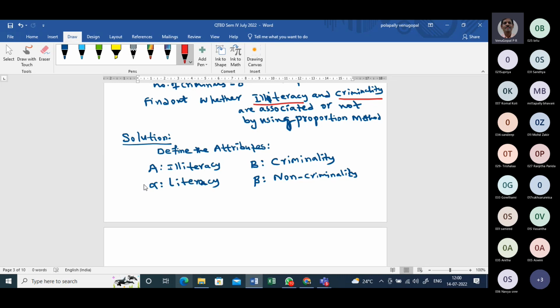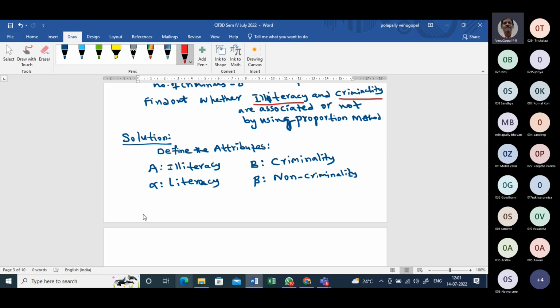So the selection of attributes will be based on what is given in the question. Whatever is given in the question, we assume it to be the positive attribute, and the other way around will be the negative attribute.